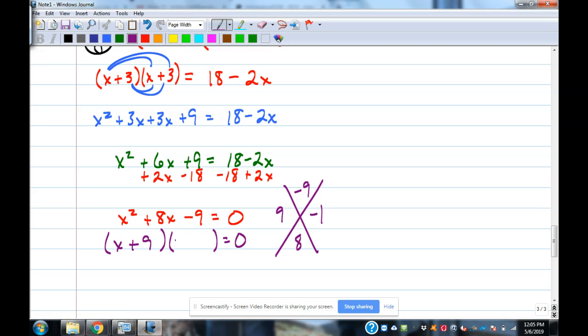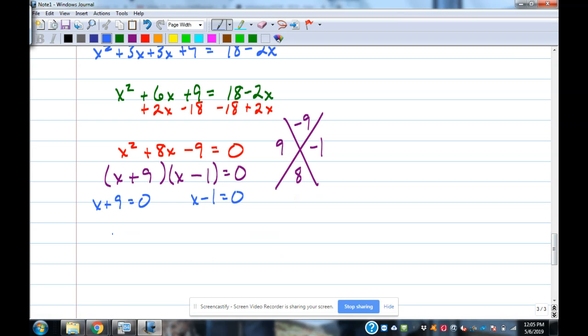X plus 9, x minus 1. X plus 9 for the positive 9, x minus 1 for the negative 1. Set those equal to 0. X equals negative 9 is one answer. X equals 1 is the other answer. So that's just doing that math there. Nothing exciting about that. Should be the easy part once you get to there.